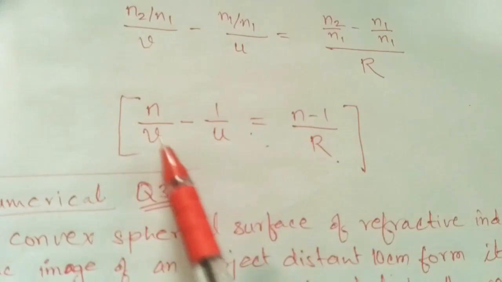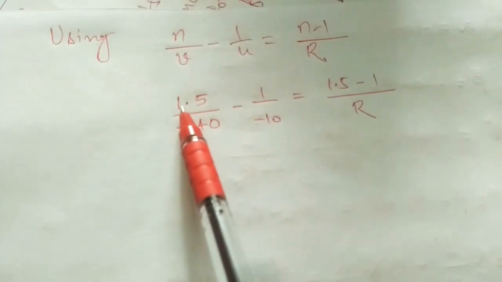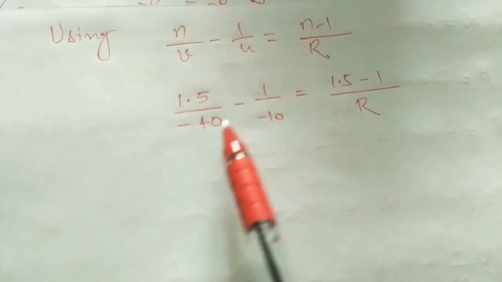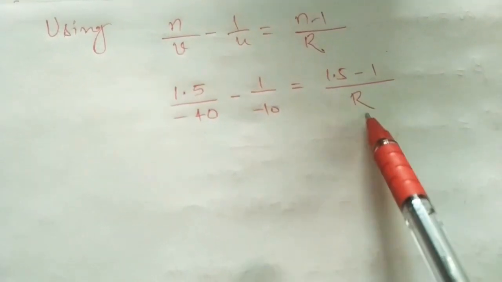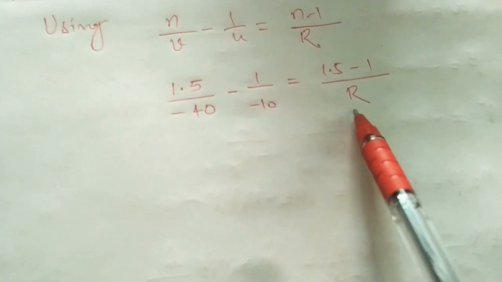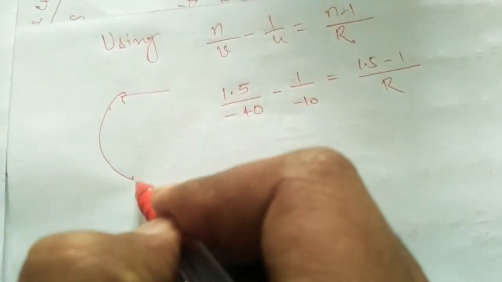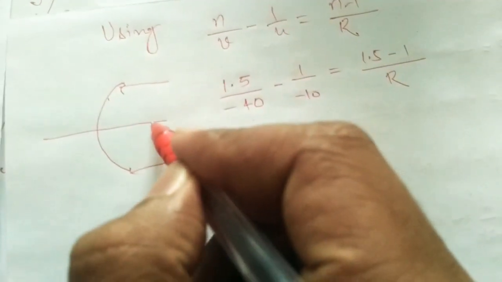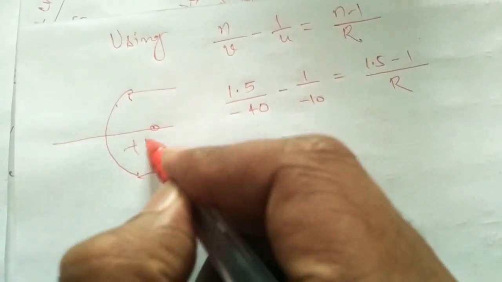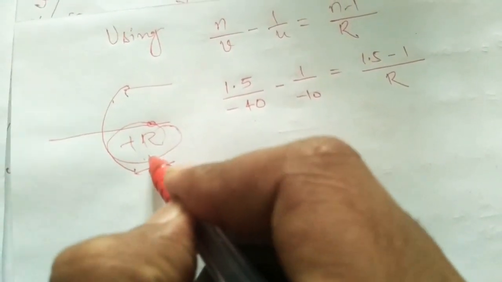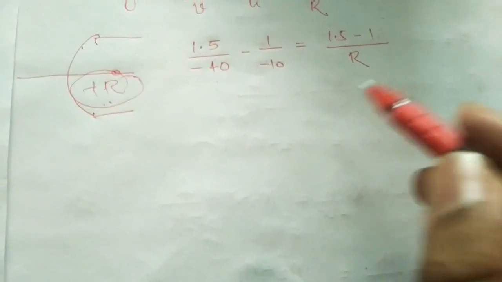Let's put all the values in this equation. What do we get? See here, n is 1.5, v is minus 40, u is minus 10. Now we are going to calculate the value of R for the convex spherical surface, and the radius of curvature for this surface will be positive. So the point to be remembered is that R must be positive in the answer.